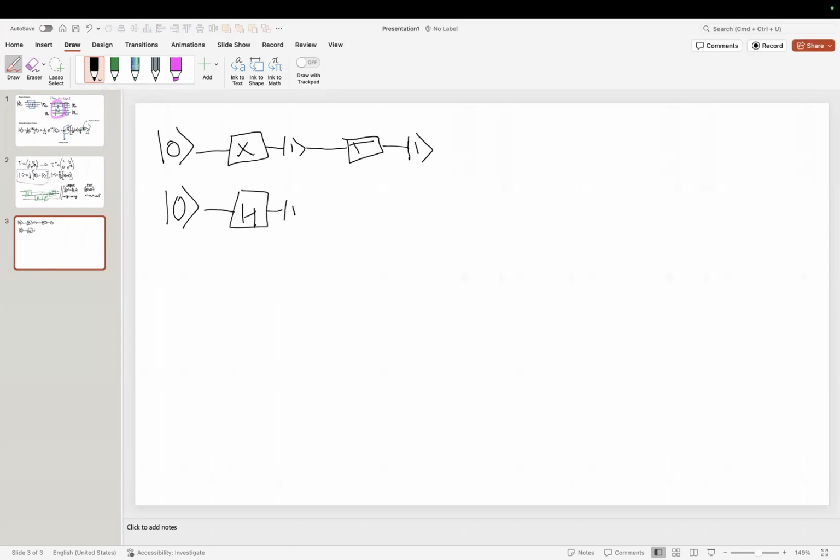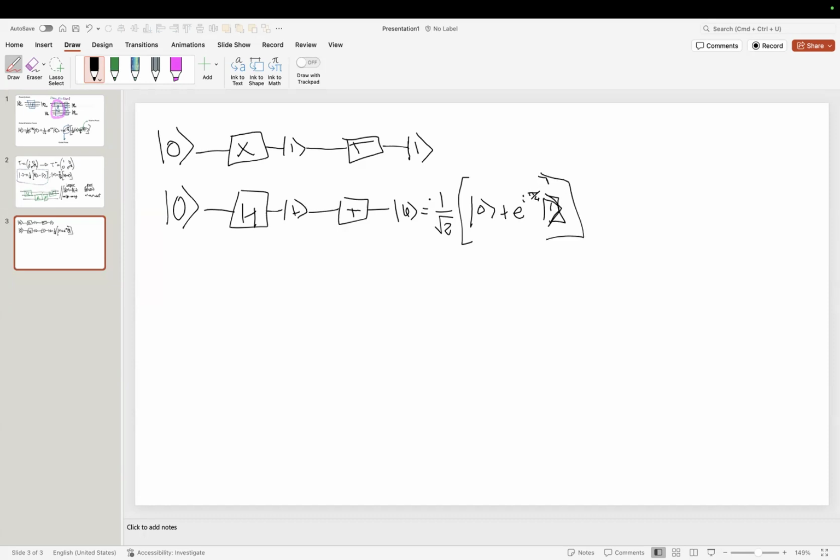Now what we get is the plus, and then we apply T, where we finally get this final eigenfunction: 0 plus e^(iπ/4) by 1.